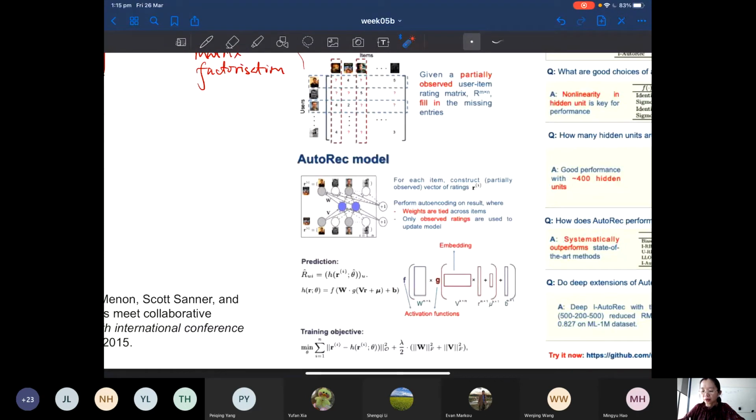So basically this outer part is the reconstruction part of the network, and the inner part is the projection part of the network.